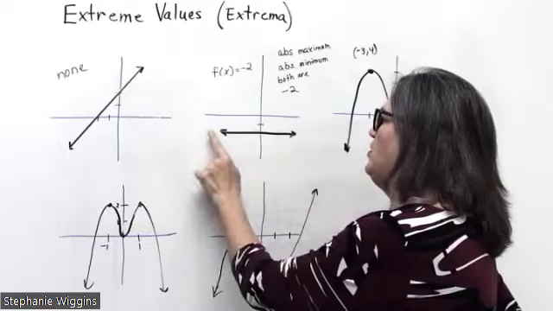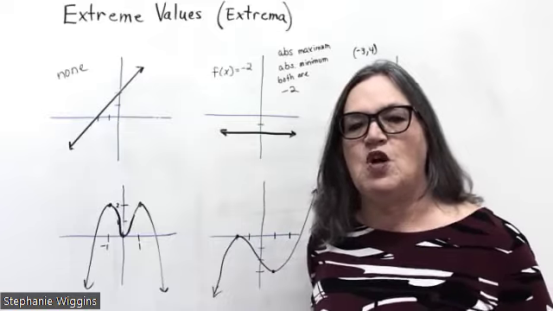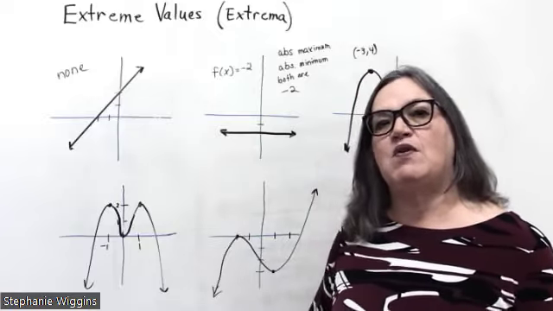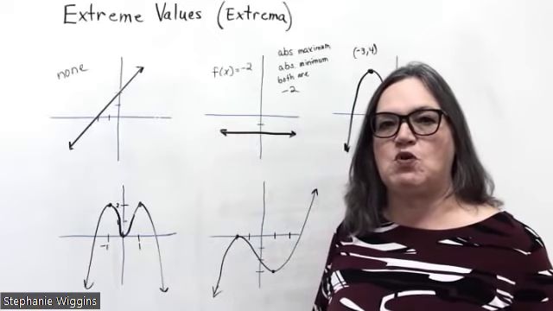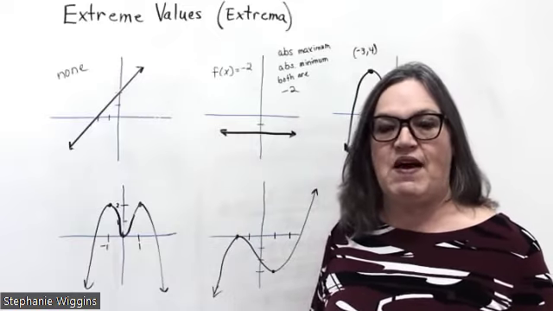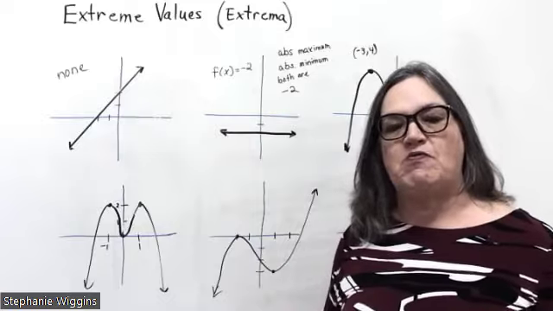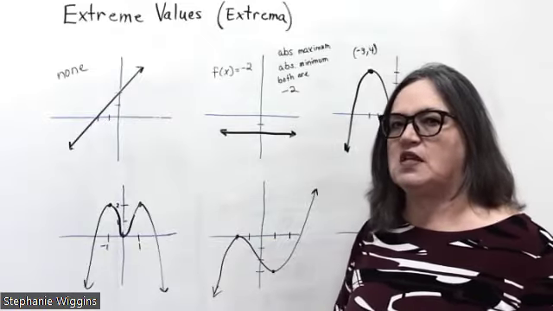And the domain is all real numbers, but every one of those points gives an output of -2. So the minimum and maximum value of -2 occur everywhere. And when we say everywhere, we're talking about all the different possible x values. The actual maximum or minimum value is -2, which is a y value. So it's very important to clarify that.